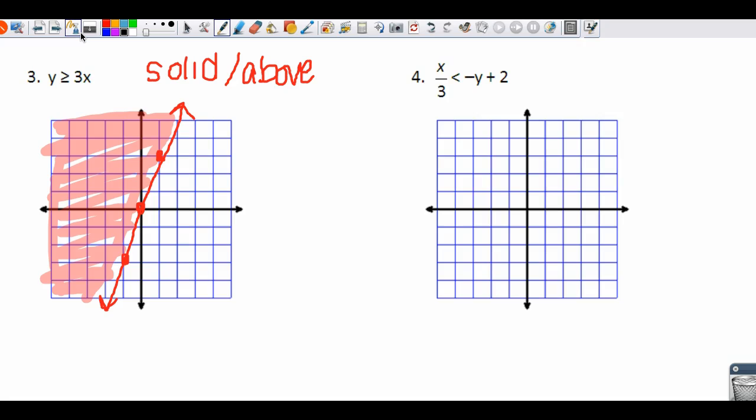Okay, and then in number 4, we need to solve for y again. So I have x thirds subtracted by 2 less than negative y. So again, you can't leave the negative on the y, so you divide both sides by -1. When we divide by a negative, it changes the direction of the inequality.